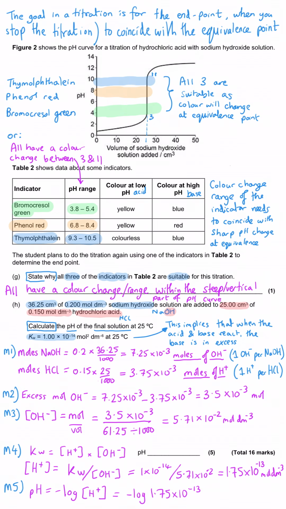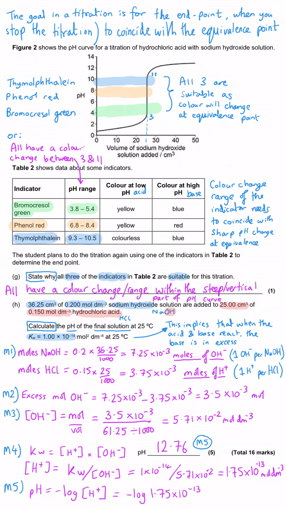And then we need to plug that into our pH expression, so negative log of the hydrogen ion concentration that we've just got gives us a final answer of 12.76, which I do recommend giving to 2 decimal points because that's a really good habit to be in for pH calculations. But actually, when the pH is greater than 10, they're usually quite forgiving and allow it to be to 3 significant figures, which is 1 decimal point when the value is above 10.